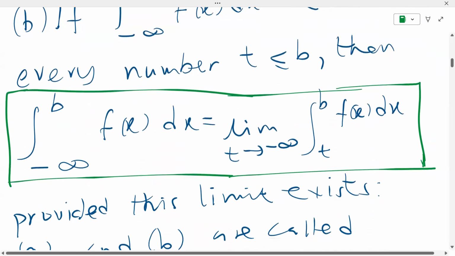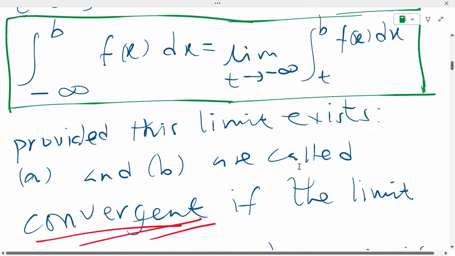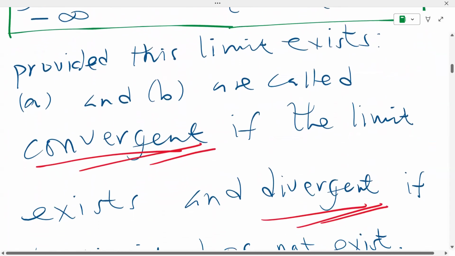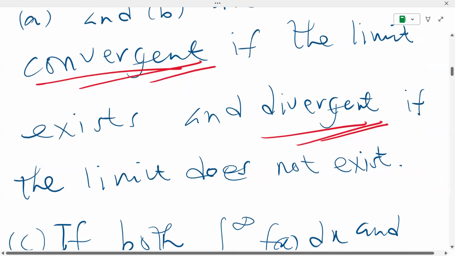If this exists, or if a finite number can be found, then we say that they are convergent. And if the limit does not exist, then we say that they are divergent. So if a finite number is obtained, it is convergent. If we get infinity, positive or negative, then we say that the limit does not exist and it is divergent.